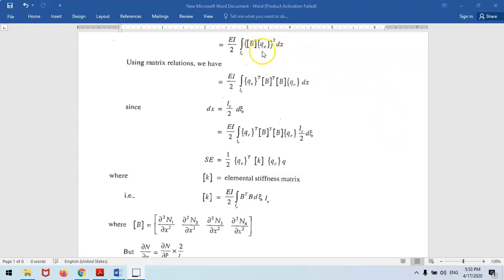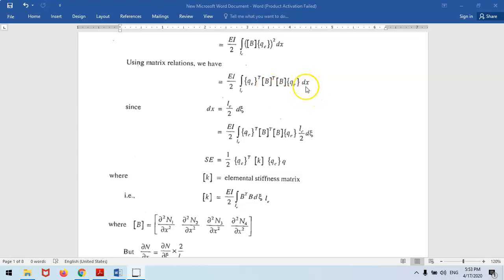Next we are going to square these two. If I square, the inside term will be B transpose into B, and q transpose into q, we will be getting here. Next, dx has to be replaced and written in terms of d zeta, because B is in terms of zeta.